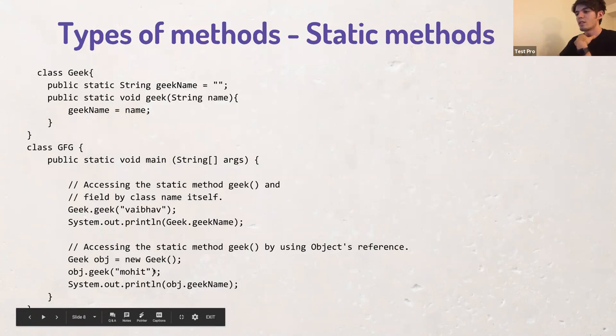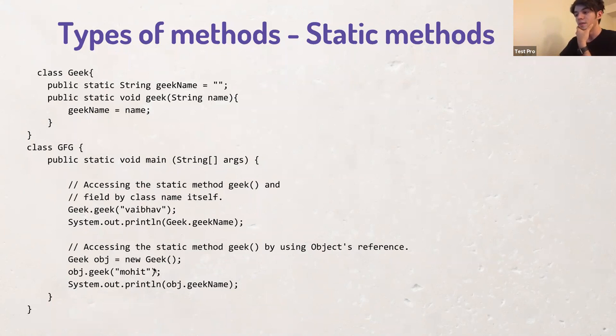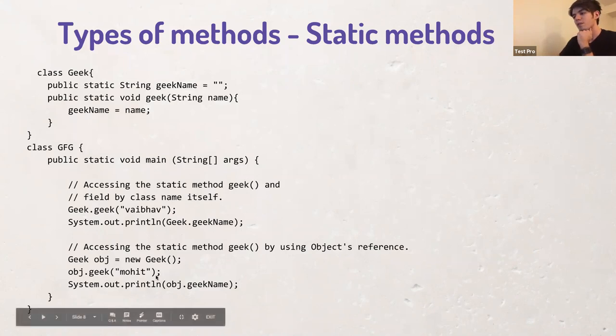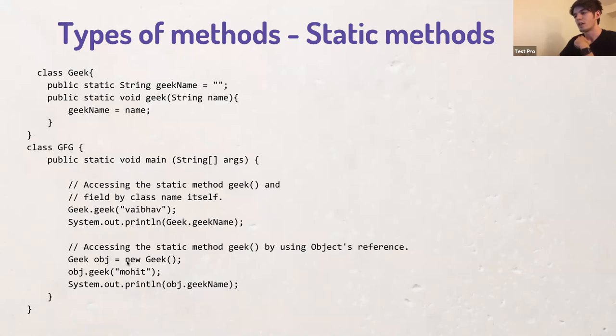And actually, in Java, you can also call the static methods by initiating an object as well, which is not the best practice, I would say, but Java still allows you to do that. Let's say in this example below, you are actually initiating the object as a class, right?